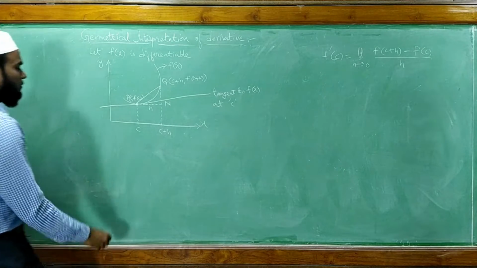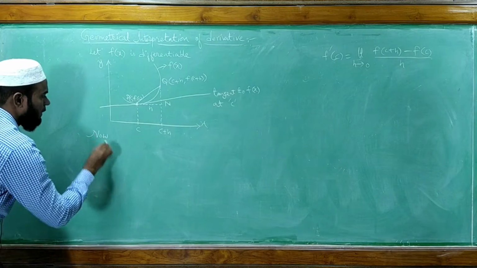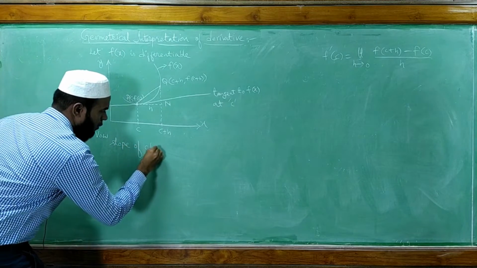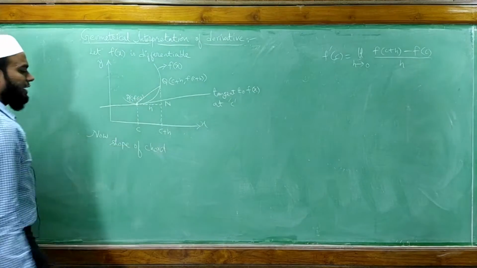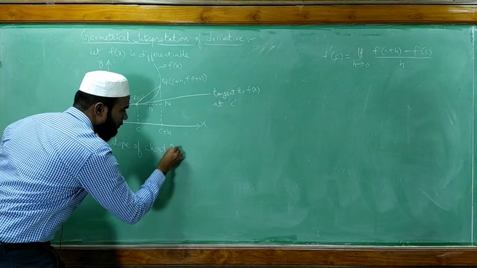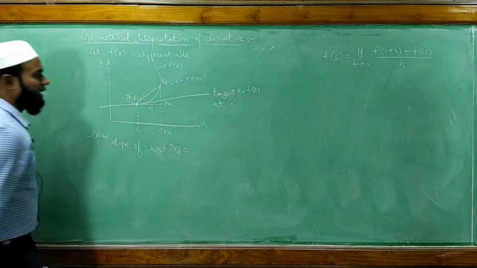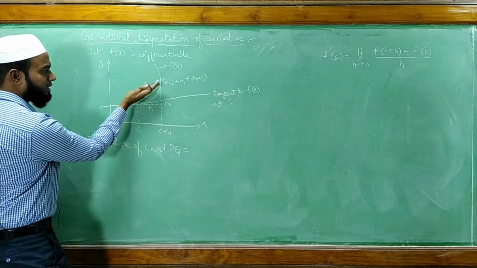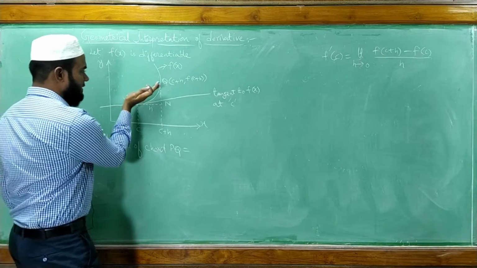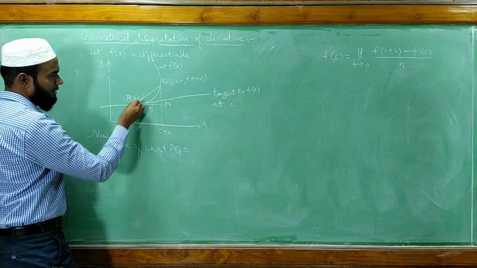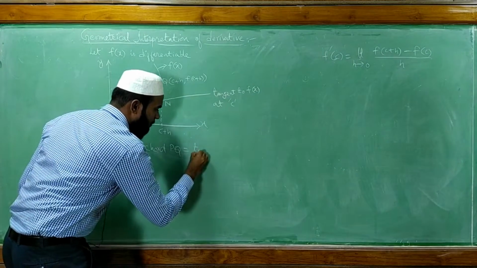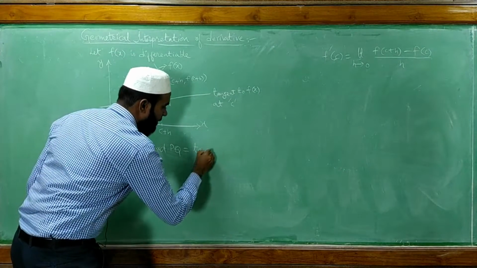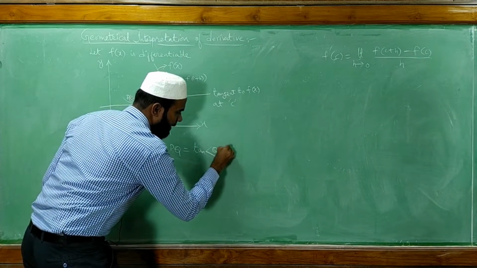Then I am considering now slope of chord. This line is called a chord. Slope of chord PQ is given by, how do we find, suppose this is the triangle, then how do we find the slope of this line? Slope of this line is given by tan of angle QPN.